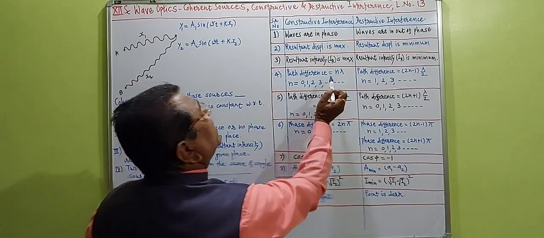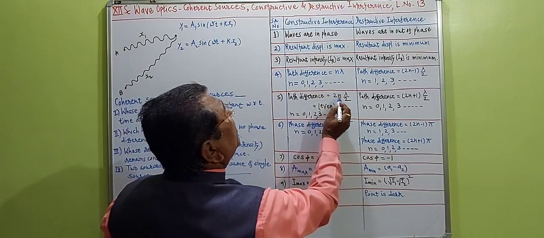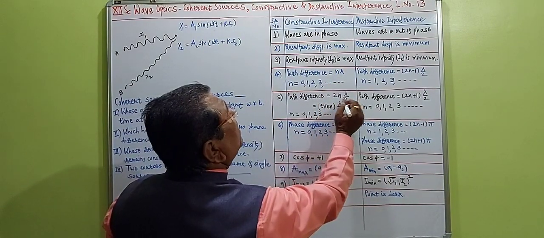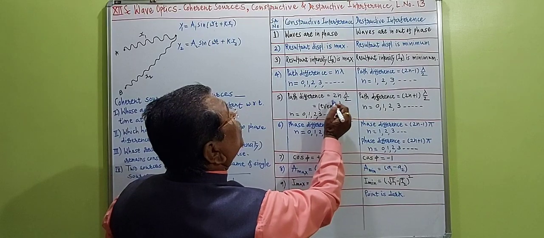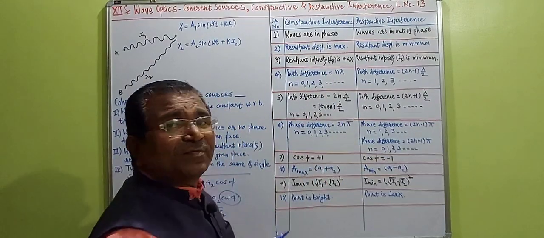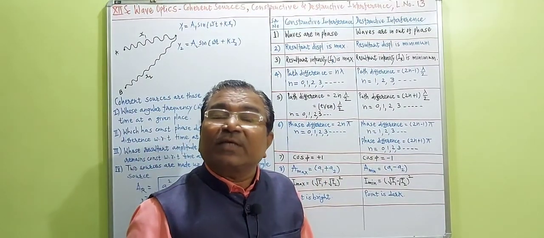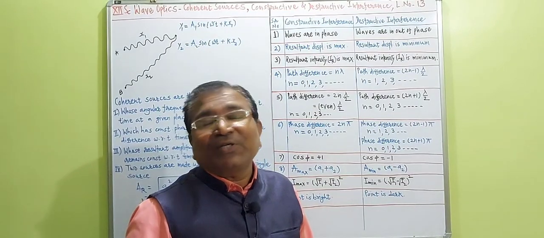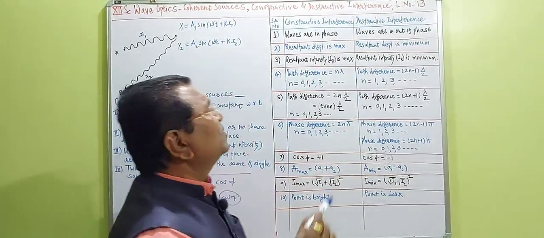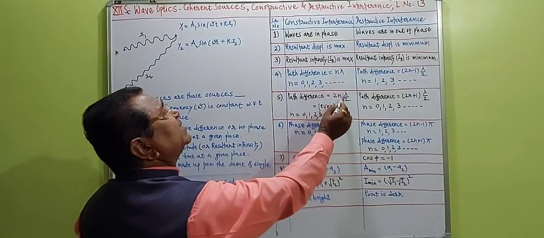This may also be written like this: instead of n we write 2n, instead of lambda we write lambda by 2. The 2 and 2 get cancelled, and we again get n lambda. This is most important from the competitive examination point of view. So this equation and this equation are the same mathematically.